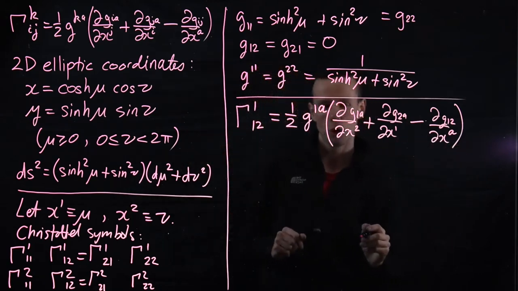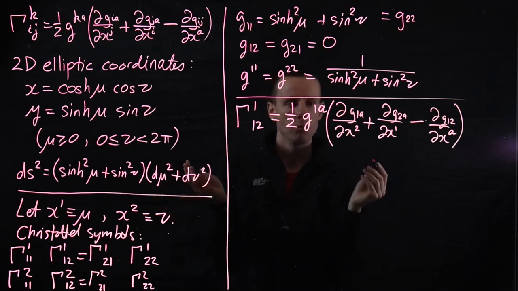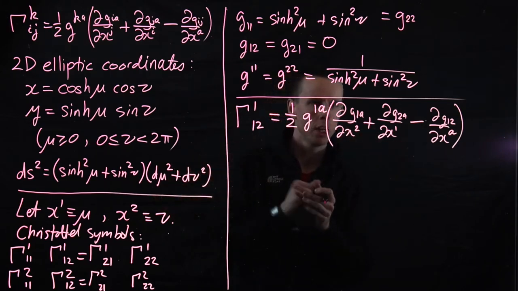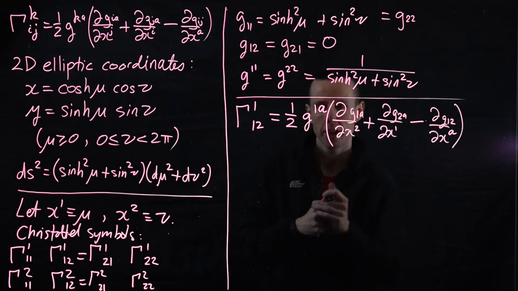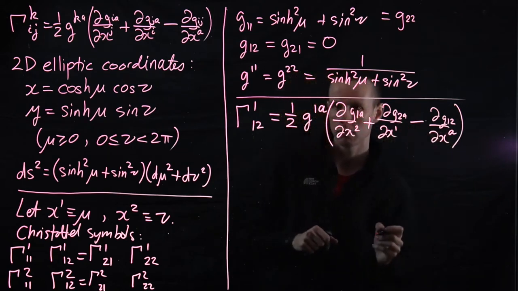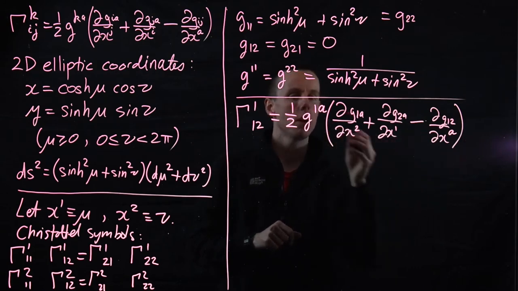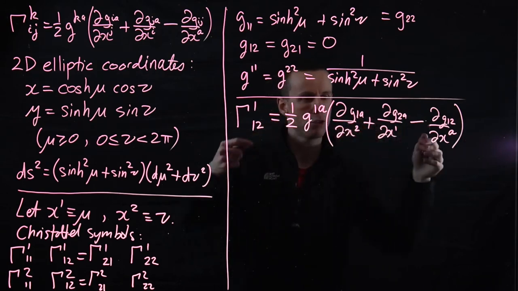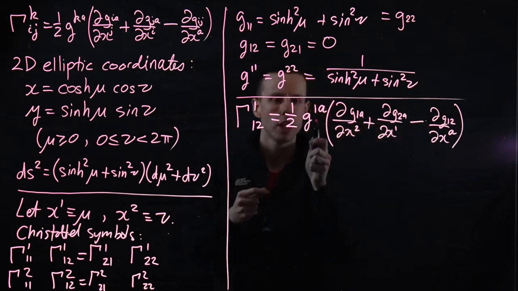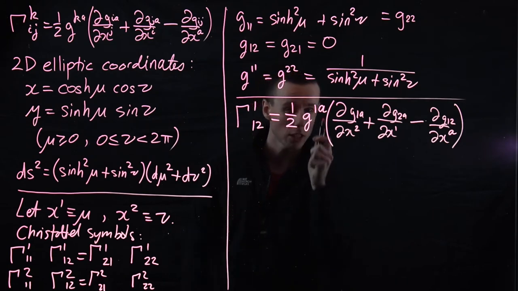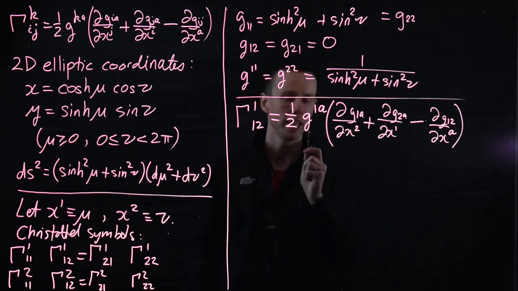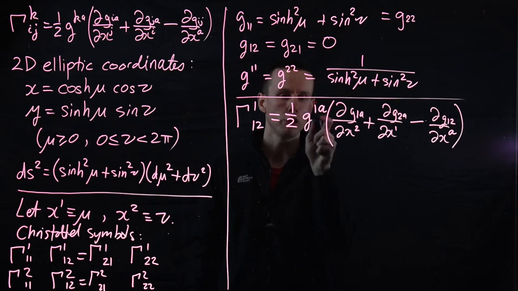Okay, so fine. Let's just plug in what everything is. Now, the slightly annoying thing is that we have that dummy index a. So in principle, we have to sum over that. So a can equal 1, or it can equal 2, and we have to do both of those and add them. But for a diagonal metric, it works out very nicely, because if you look here, you've got g1a, okay?